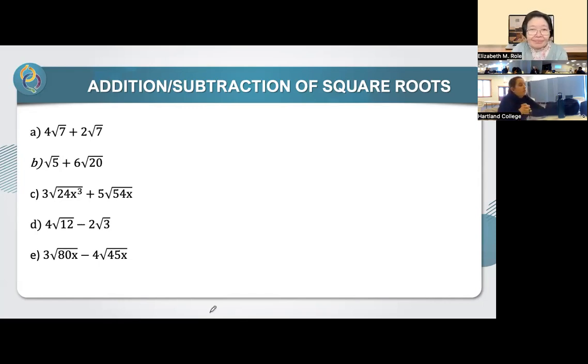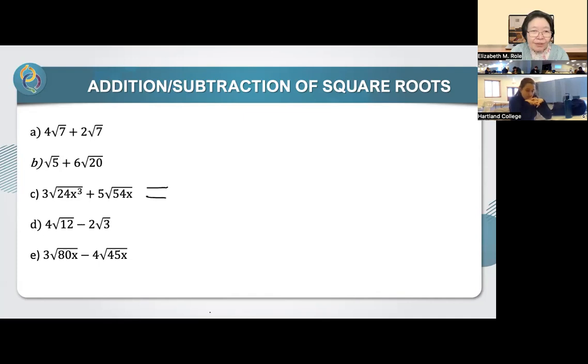Not sure. So, can you put them together? For mental math, what will be the first expression there? 3 square root of 24x cubed. So 24 is a product of 6 times 4, right?